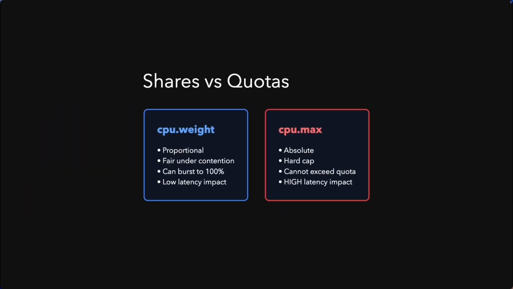And this is why CPU limits are dangerous for latency-sensitive workloads. A web request might need 10 milliseconds of CPU time spread across 50 milliseconds of wall clock time. So if it hits the CPU quota, it waits, and P99 latency spikes even though average CPU usage looks low.